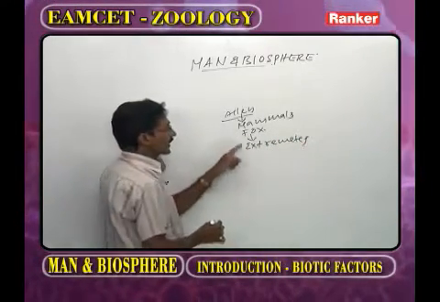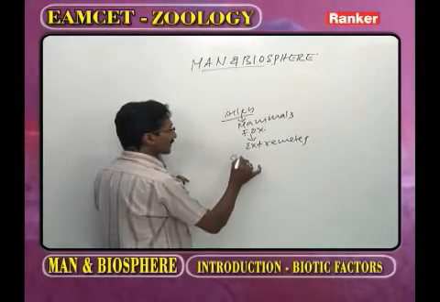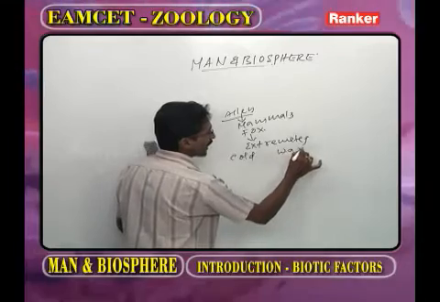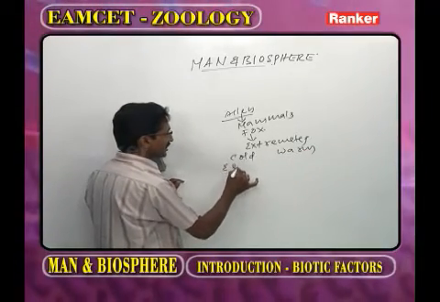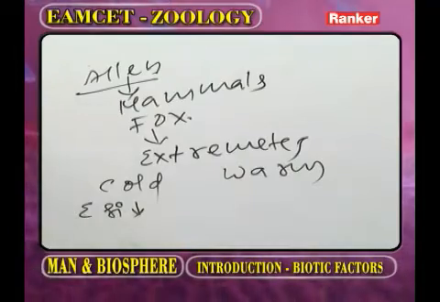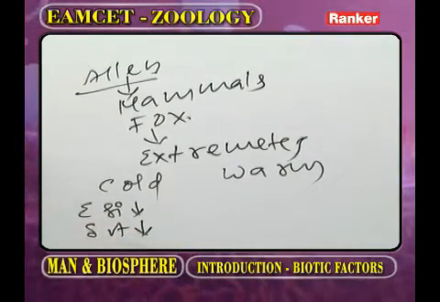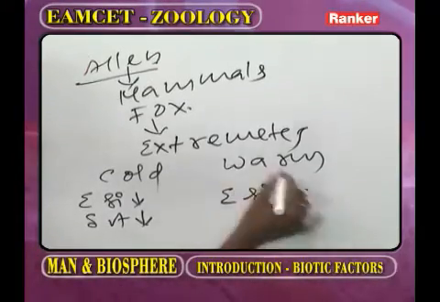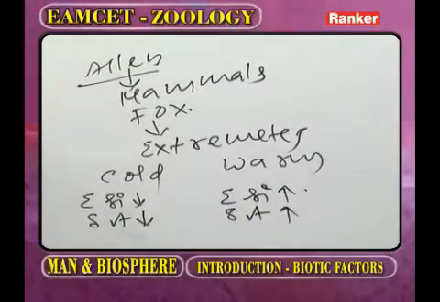What is the meaning of extremities? The tip. According to Allen, in the colder region, extremities size small, surface area small. In the warmer region, extremities size more and surface area is more.